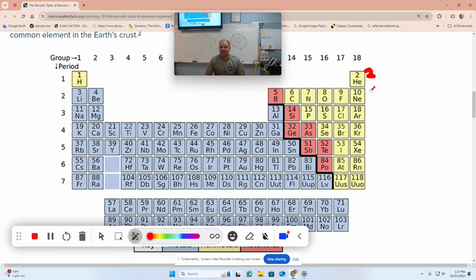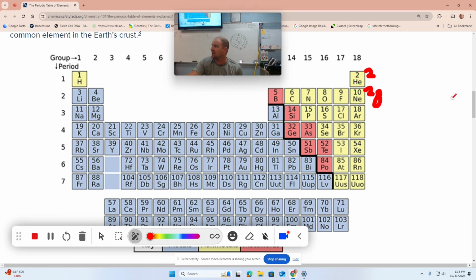But check it out. The first row is still there, isn't it? For the elements in the second row, they still have the electrons that were represented by the elements in the first, right? So the first ring is going to have 2, and the second ring is going to have 8.